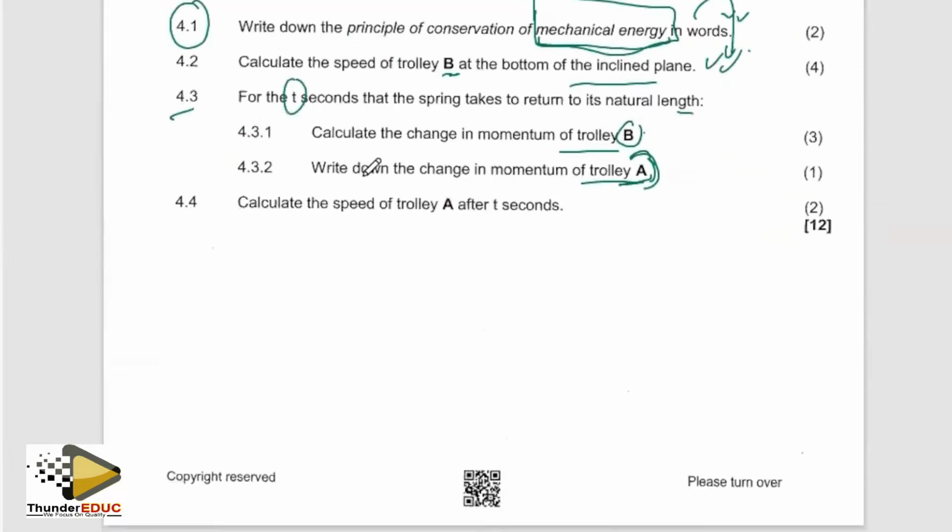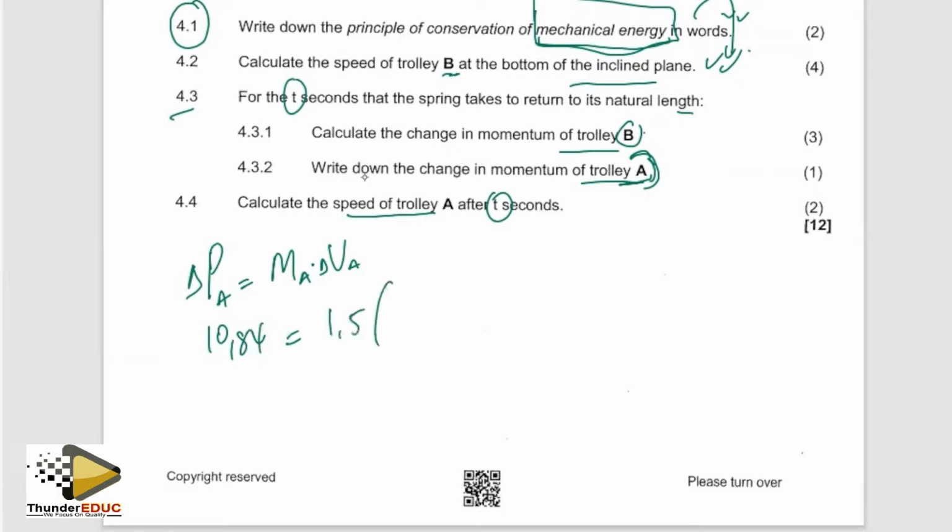Then 4.4, they want us to calculate the speed of A after the t seconds. So we know that the change in momentum of A is also going to be the mass of A multiplied by the change in velocity of A. Let's substitute. 10,84 is equal to the mass, which was 1,5, times the final velocity minus the initial.